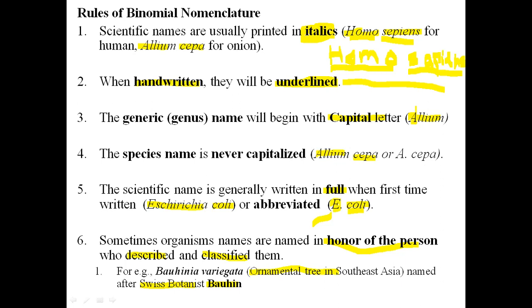Its local name in Pakistan is Kachnar, and the name Bauhinia was assigned in honor of Bauhin. So the botanical name is Bauhinia variegata. Bauhinia is the genus, variegata is the species.